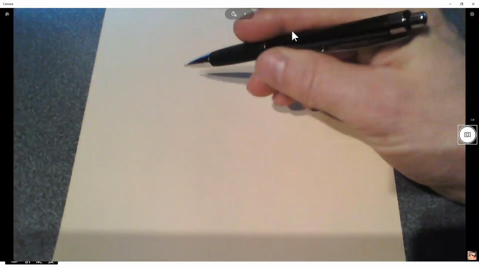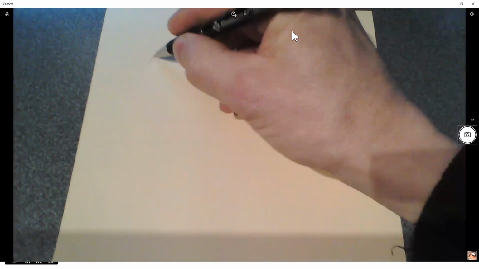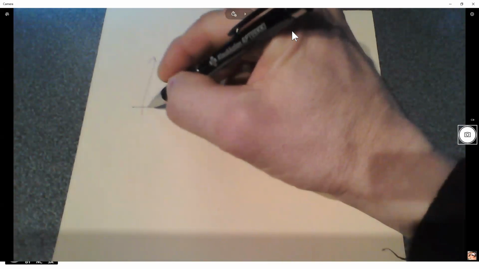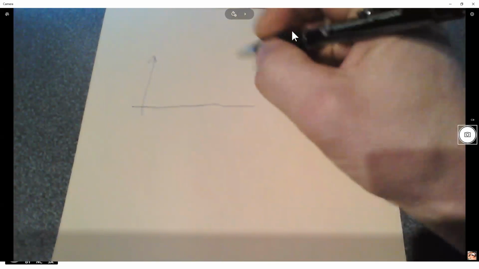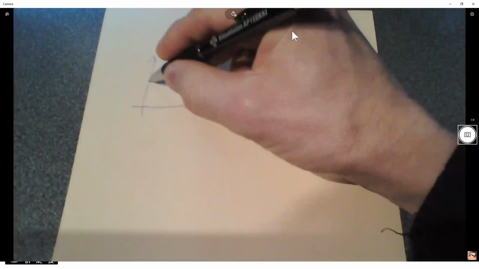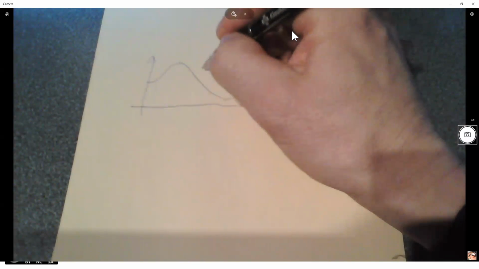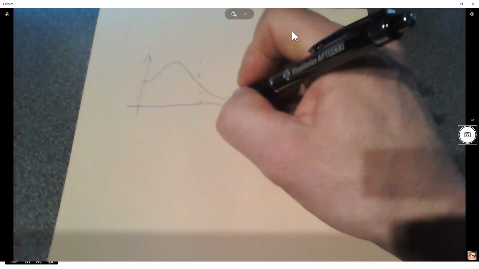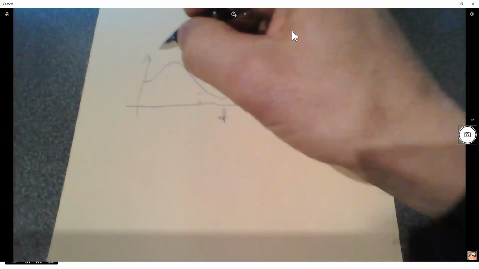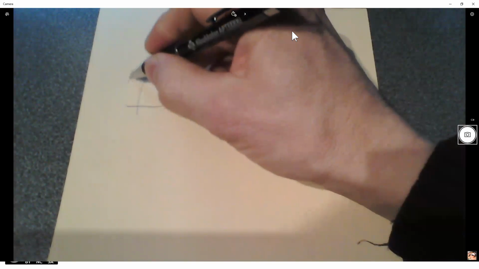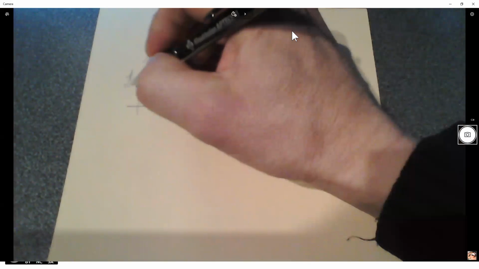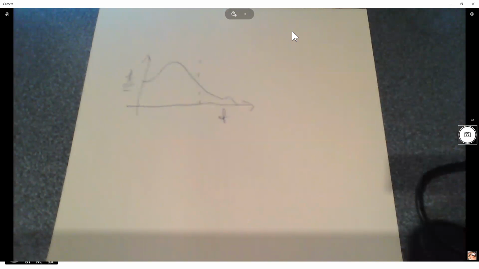I have a really good tablet now, although my pen is a little too narrow. Anyways, typically a group delay looks more or less something like this. We have a passband of the system somewhere in here. This is the frequency, and the group delay is time, how long the signal is delayed in the system.